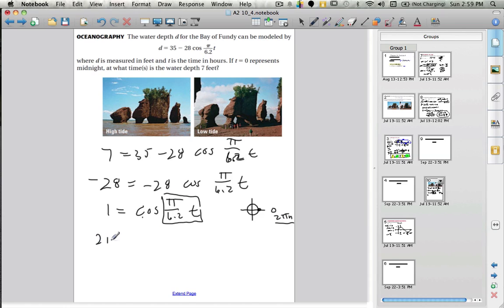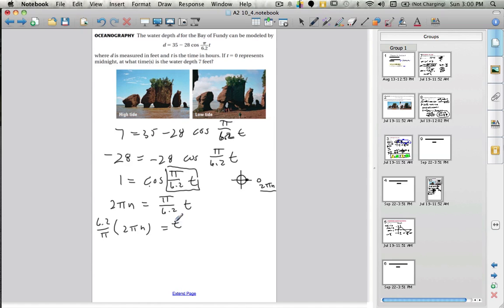So if I set 2 pi n is equal to pi over 6.2 times t, that gets rid of the cosine. Now I multiply both sides by the inverse, 6.2 over pi times 2 pi n will be equal to time. So now I've solved for time.